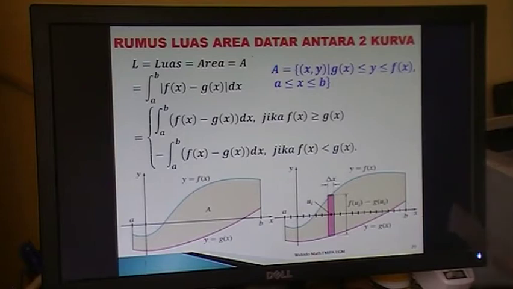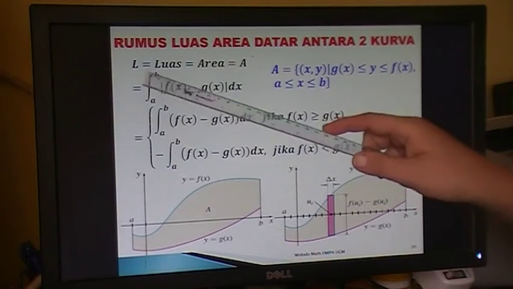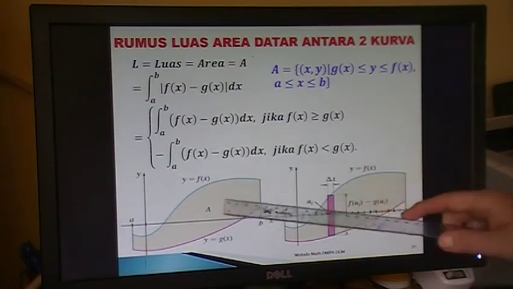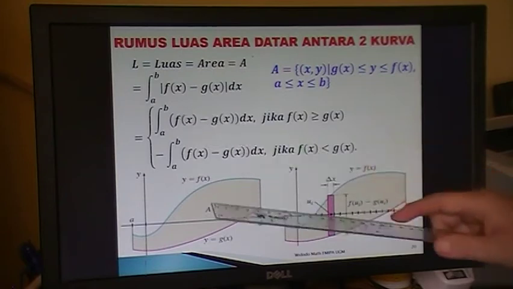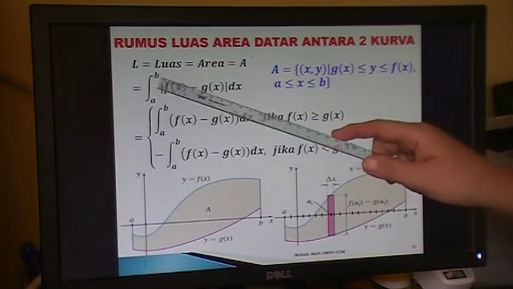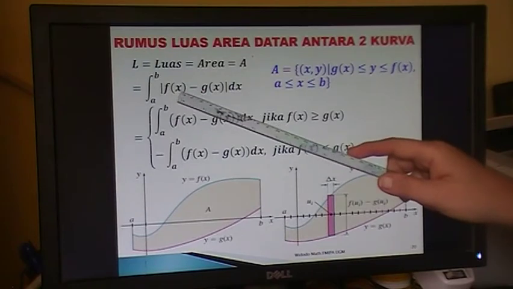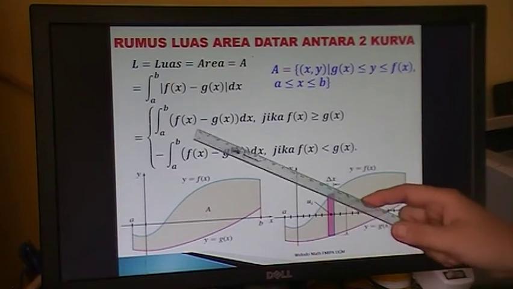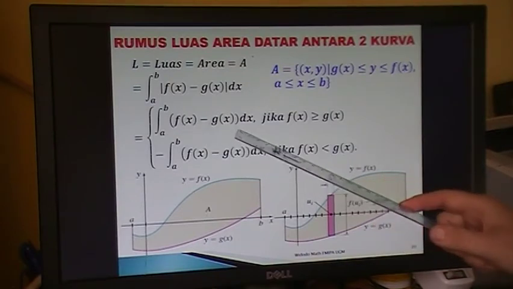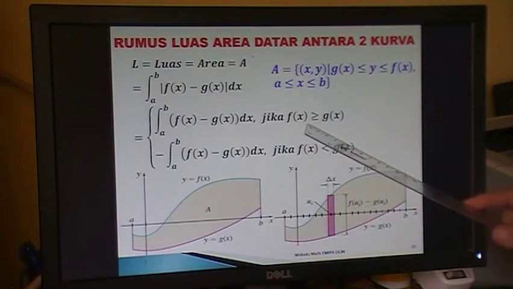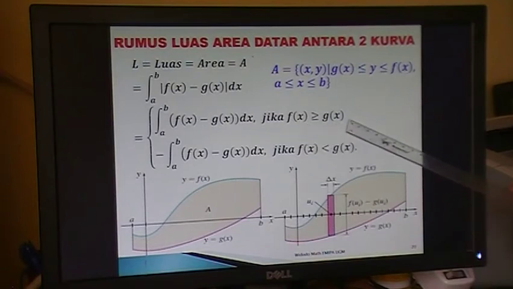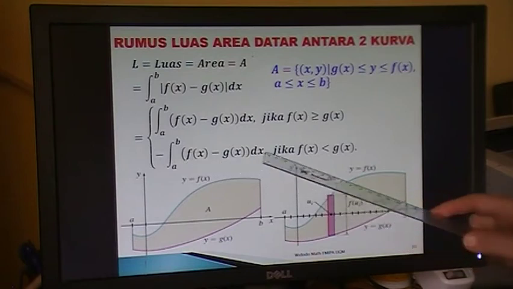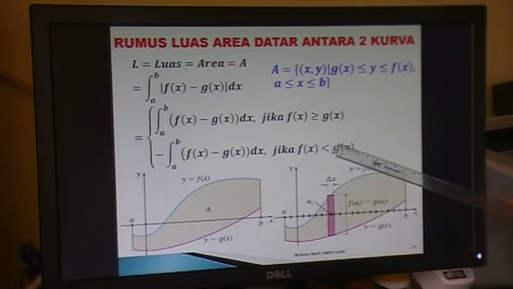By using the same way, we can easily understand that the area of these two curves becomes the integral from a to b of the absolute value of f(x) minus g(x) dx. That means it equals f(x) minus g(x) dx if f(x) is greater than g(x), and the negative of this if f(x) is smaller than g(x).